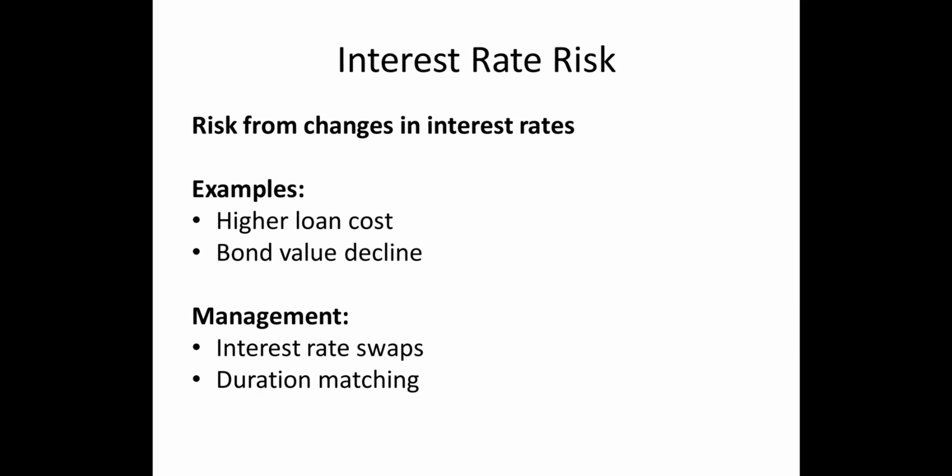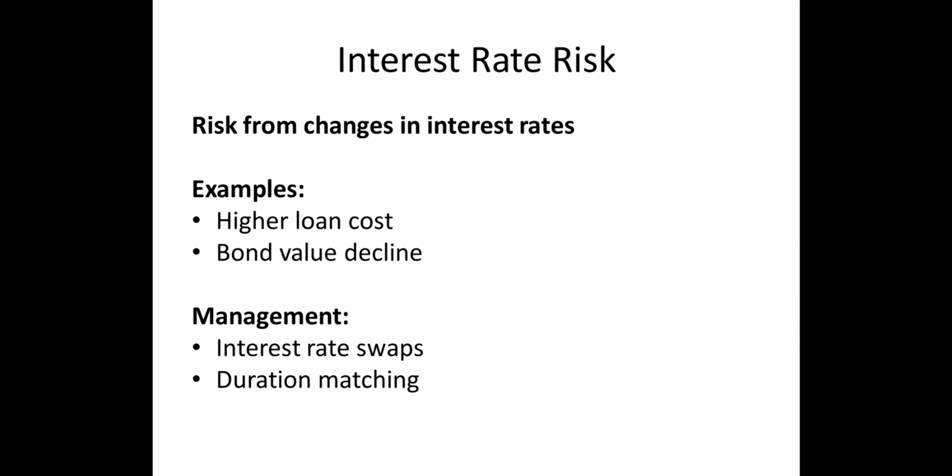And how to manage this risk? Interest rate swaps, means swapping of interest rates. When an organization has taken a loan from a bank and the interest rate of that bank is on a higher level, it will switch that loan to another bank.